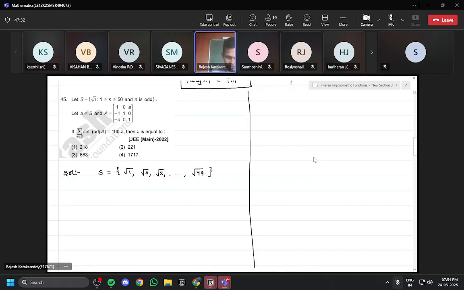If you want, you can write it as 7, but I'm writing root 49. Clear?